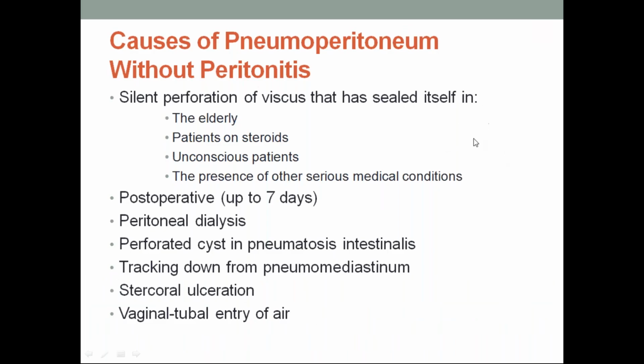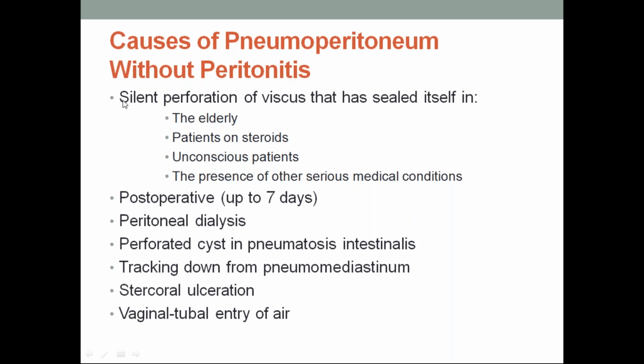Coming to the causes of pneumoperitoneum without peritonitis: silent perforation of a viscus that has sealed itself, mainly in elderly people and in patients on steroids, in unconscious patients, and in the presence of other serious medical conditions, in debilitated and bedridden patients mostly.